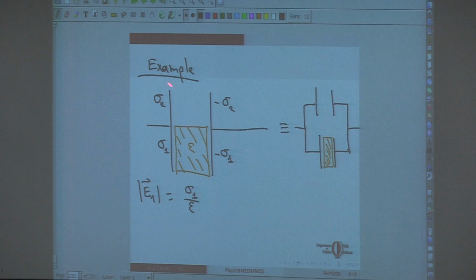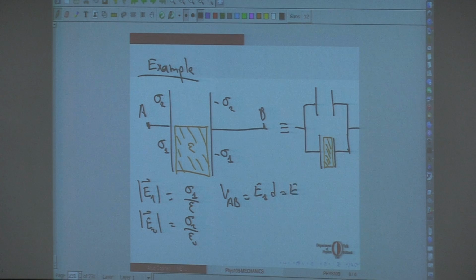Here, when there is no dielectric, the electric field will be sigma 2 over epsilon 0. If this is the point A, this is the point B, the potential difference between A and B is E1 times T, or it is E2 times T. So these two electric fields have to be the same. If these two electric fields are the same, sigma 1 over epsilon should be equal to sigma 2 over epsilon 0.